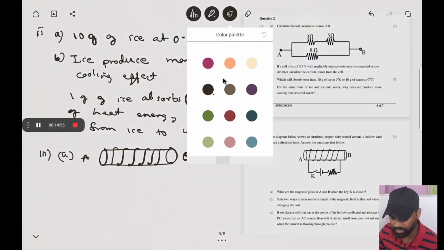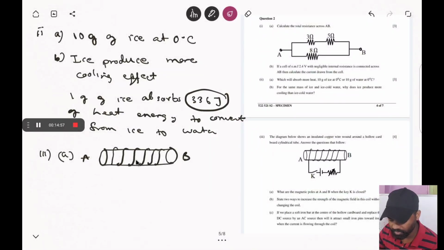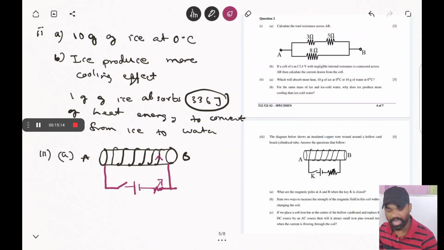Almost correct. Now, this is your key. Just let me complete the diagram, okay? Now, when the current flows, look over here, at B, if you look at the direction of the current, it is clockwise.